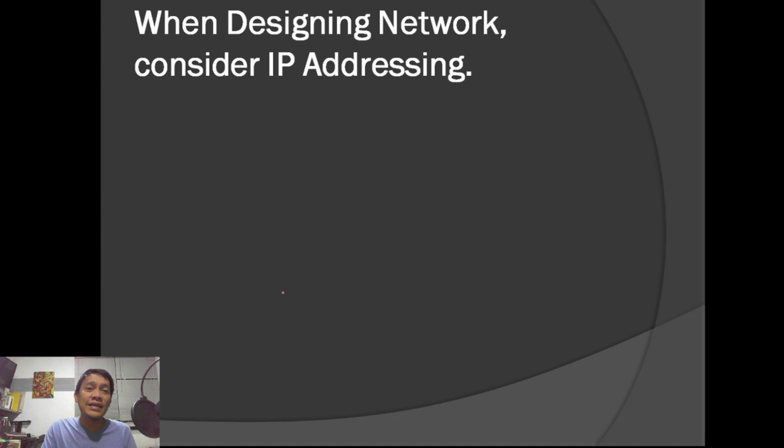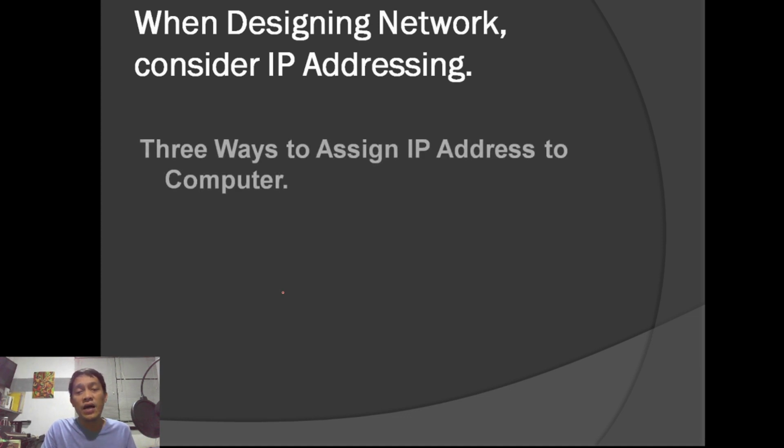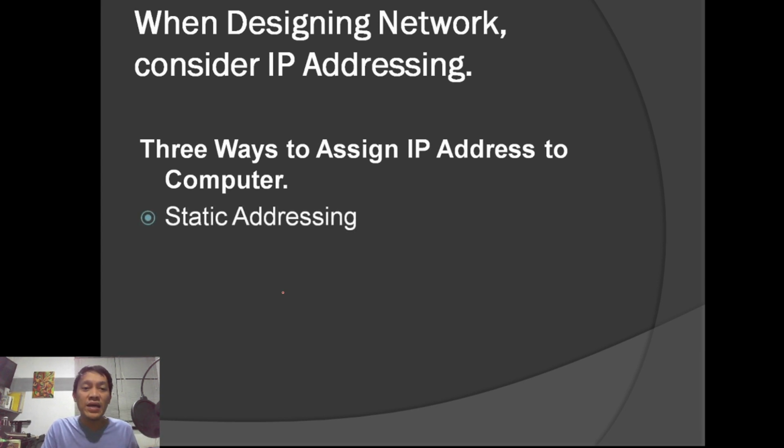Okay, so when designing a network, you also have to consider IP addressing. I think you did this in your previous laboratory. There are 3 ways to assign an IP address to computers. Number 1 is static addressing, the manual way of assigning IP.